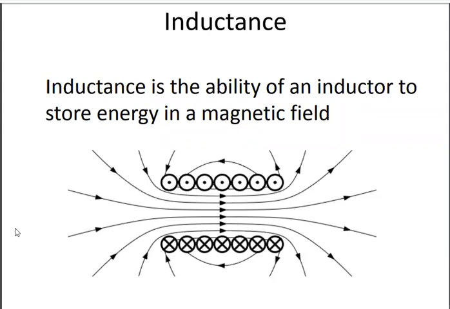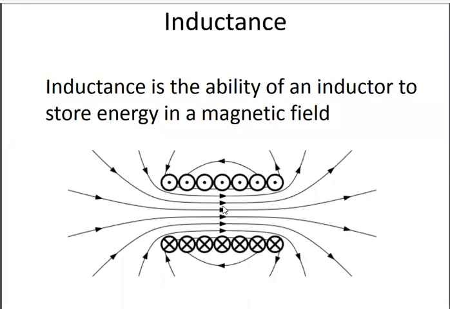You have seen that when you connect a battery with a capacitor in series, the capacitor draws the charge from the battery and stores it in itself. So capacitor stores electrical energy in the space between the plates, and inductor stores magnetic energy in the space inside the coil.